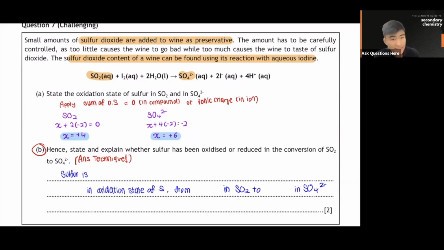So you can see that sulfur is oxidized because there is an increase in oxidation state. So I'm going to write down here, increase in oxidation state from +4 in SO2 to +6 in SO4 2 minus.